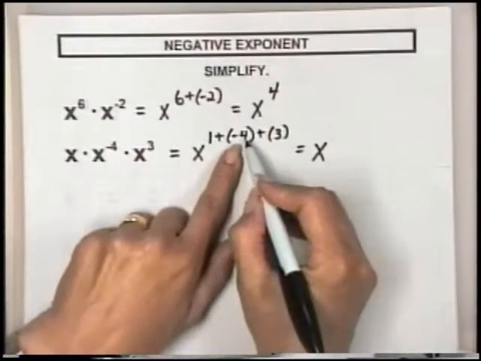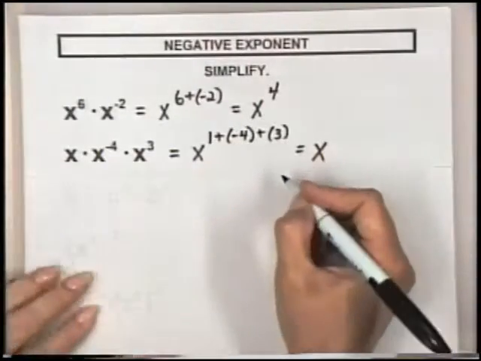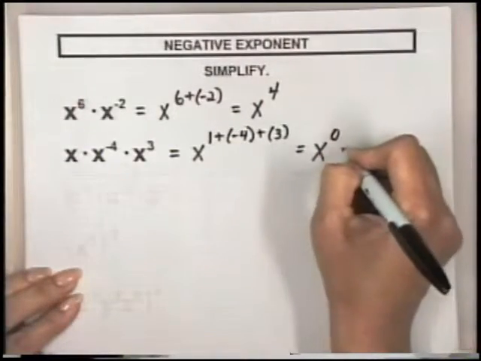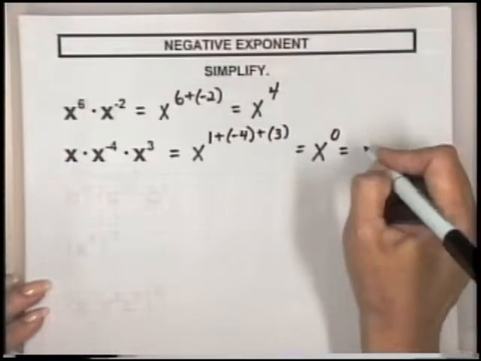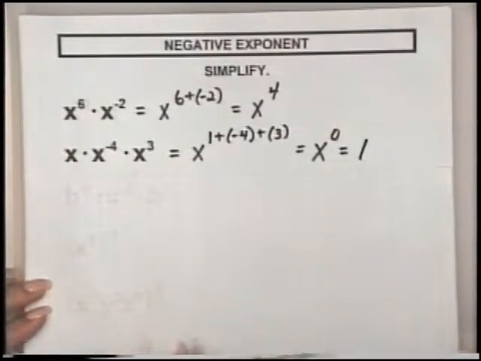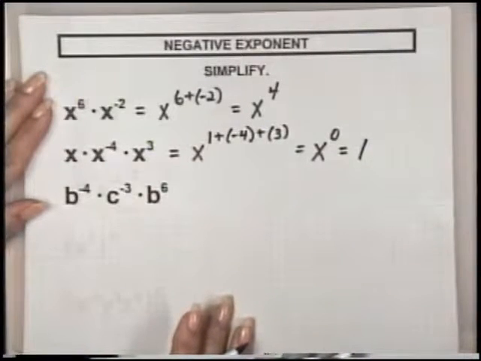So I will have x to the 1 plus negative 4 is negative 3. Negative 3 plus 3 is 0. Now, what do we know x to the 0 power is as long as x does not equal 0? x to the 0 power is 1. So my answer here is 1.